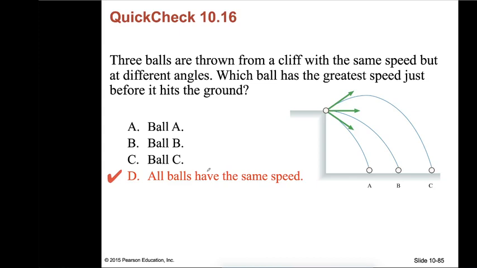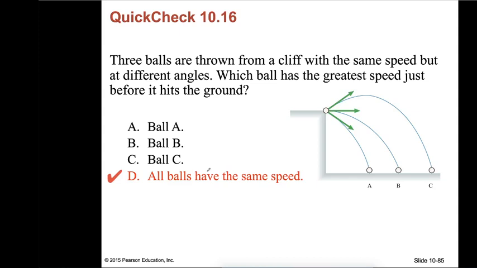At the beginning, the initial energy is only the kinetic energy. The speed is the same, so they have the same amount of kinetic energy. And then at positions A, B, C, there's some gravitational potential energy gained, but they gained the same amount of gravitational potential energy.